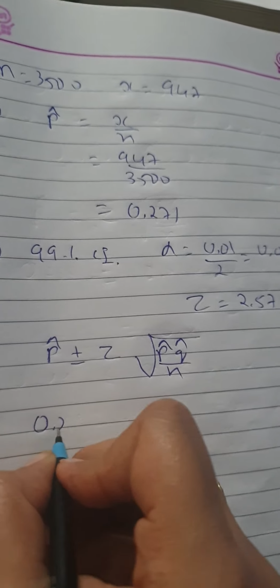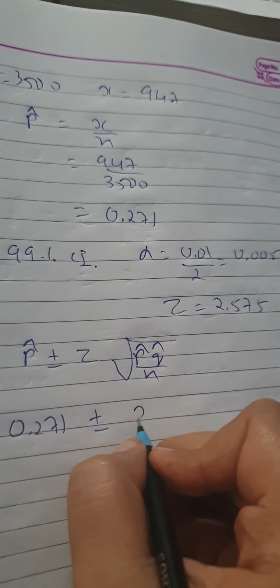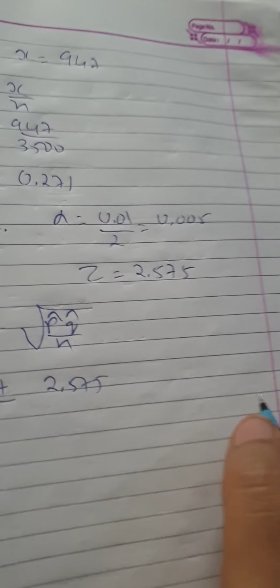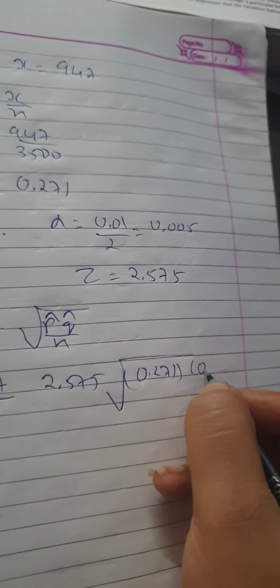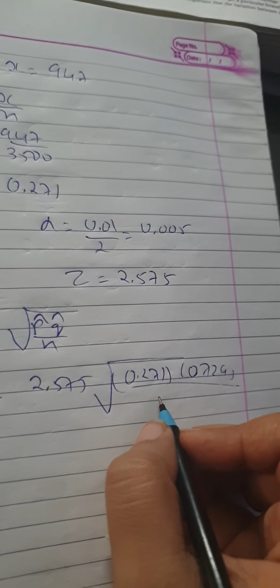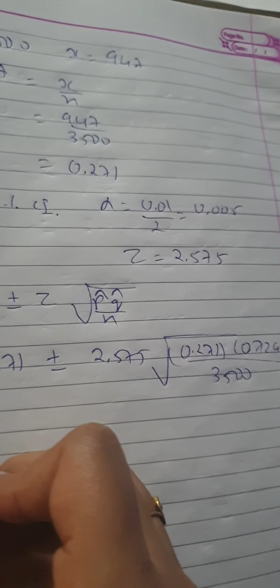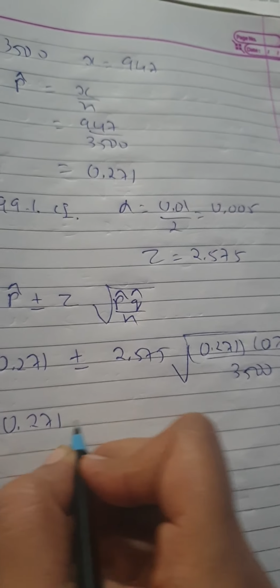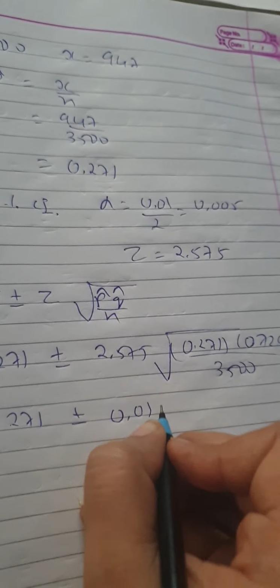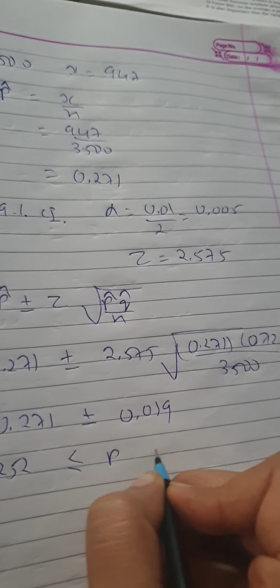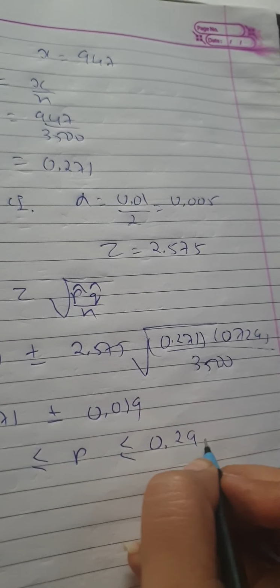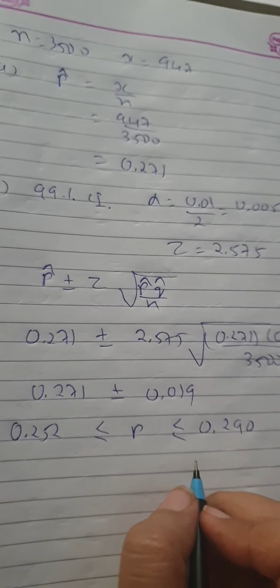Your p cap is 0.271 plus or minus 2.575 under root 0.271 into 0.729 upon 3500. So 0.271 plus or minus 0.019. So your answer is 0.252 less than or equal to P less than or equal to 0.290.